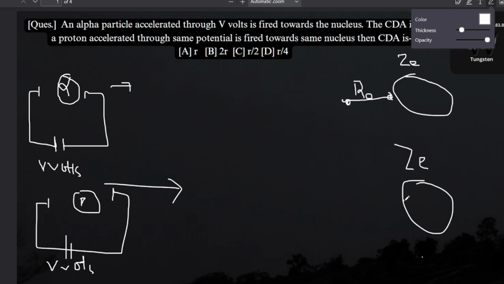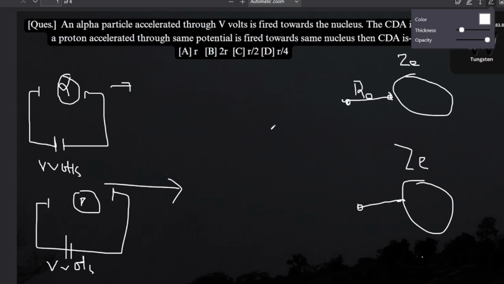Now you have to find how far this particle can penetrate, or how far it will be repelled, not deflected, repelled.